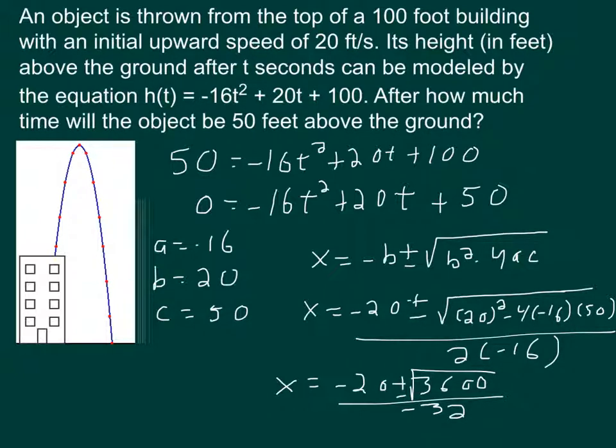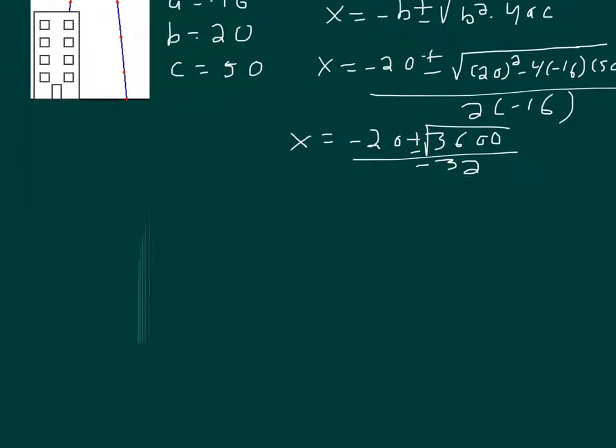Now, if it didn't work out nicely, we'd want to use a decimal approximation probably, or at least reduce this. So let's give ourselves a little bit of space to work with here. We're looking at x equals negative 20 plus or minus 60, all over negative 32, because that's the square root of 3,600.